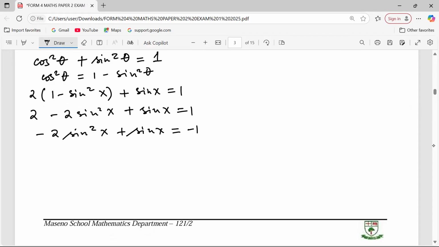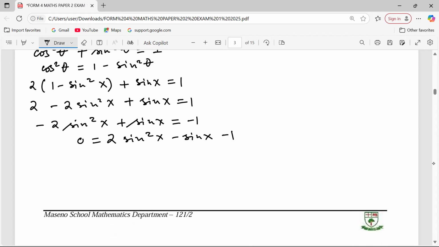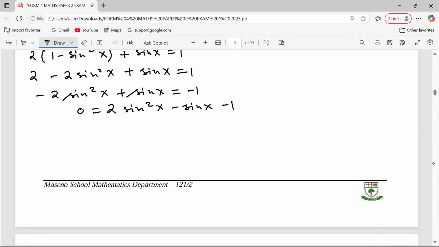I think we can rearrange this equation because it is taking some quadratic shape. We can have everything taken to the right, so that we start with 2 sine squared of x minus the sine of x. There is already a negative 1 here, and this side we are now remaining with a 0.